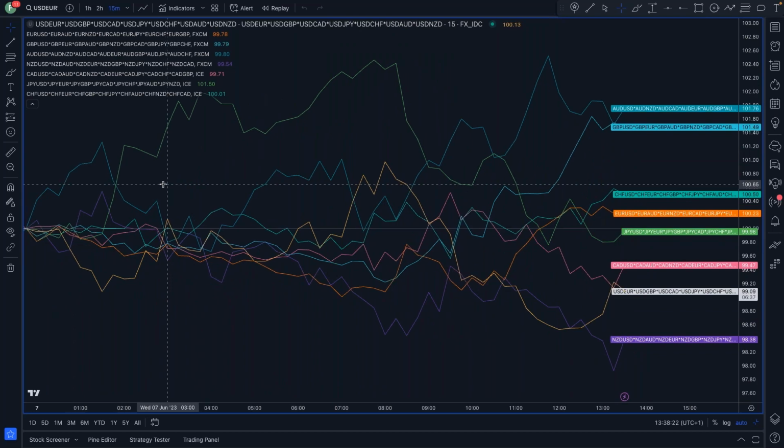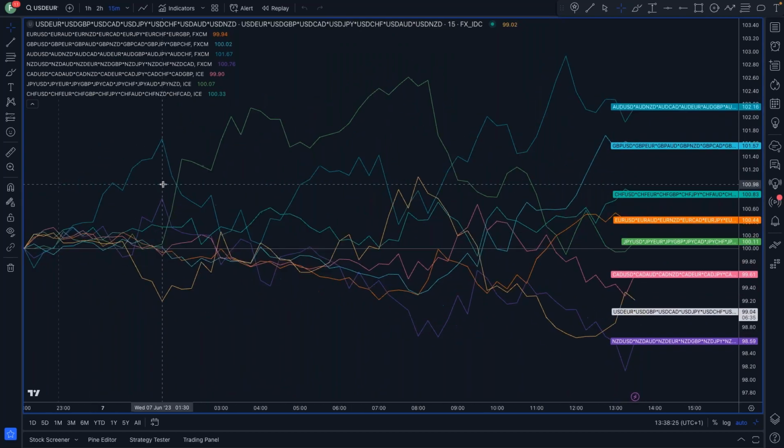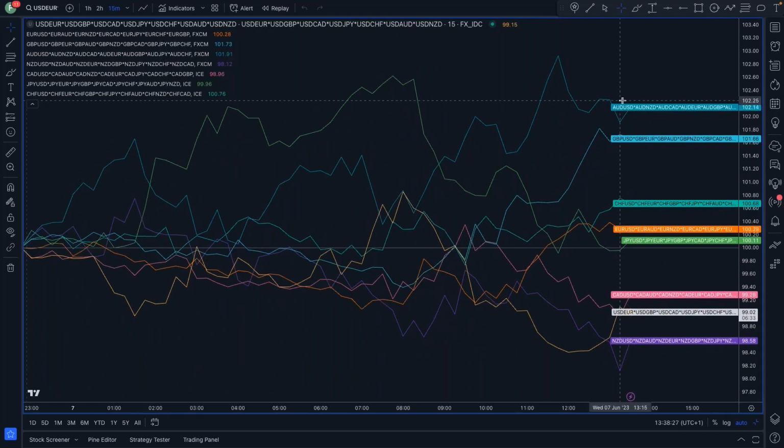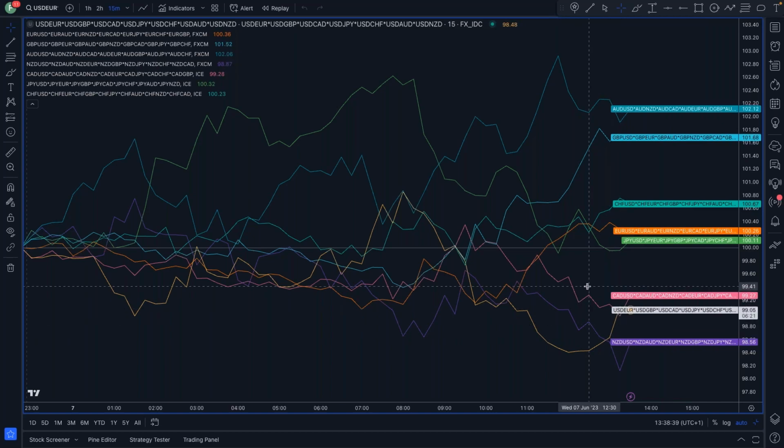What I can see is that the strongest currency of the day is the Aussie dollar, and the weakest currencies of the day are the New Zealand dollar and the US dollar. So that's very helpful. That means if I see reasons for CAD's strength, I would want to pair it with a weaker currency, so I'd want to pair it against the US dollar.